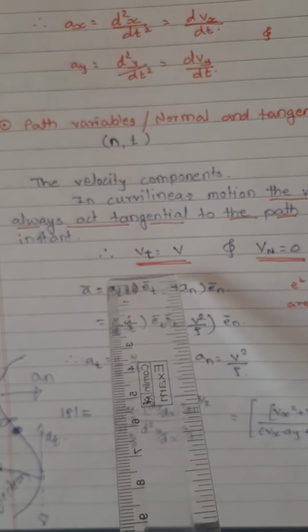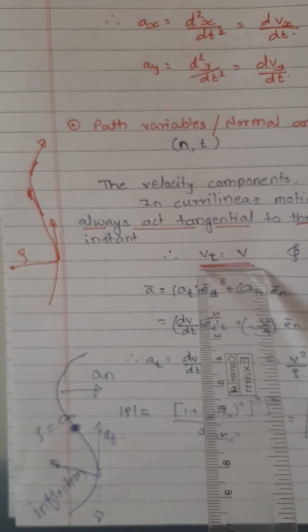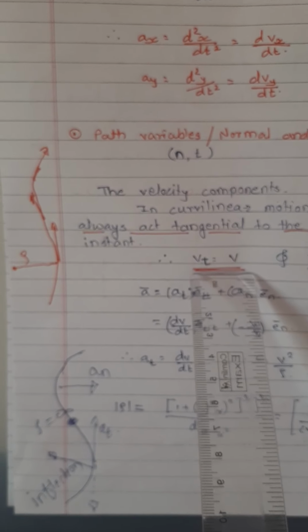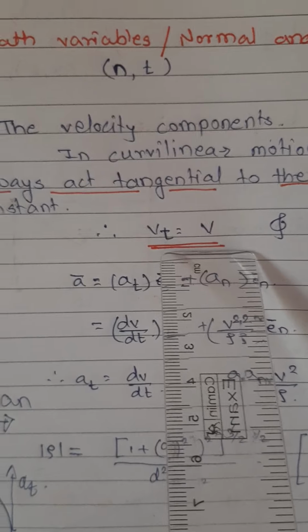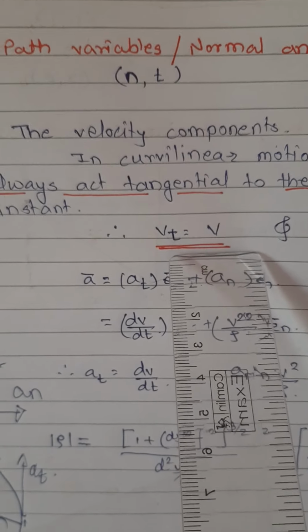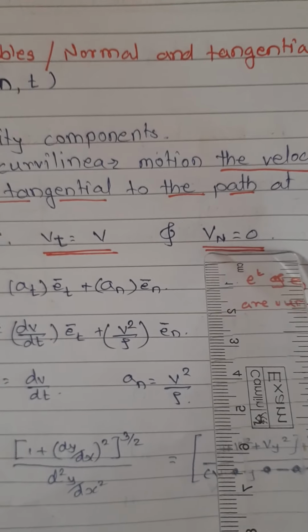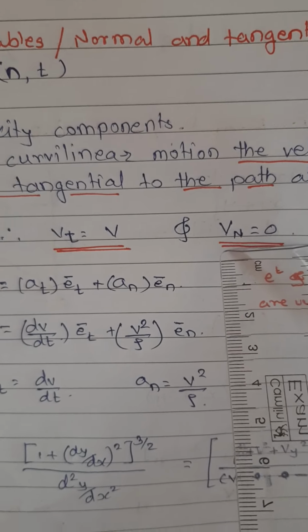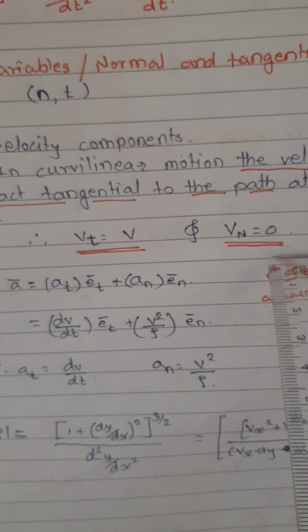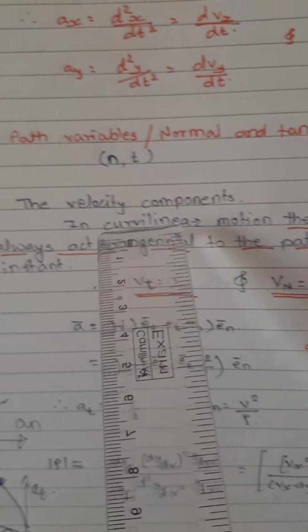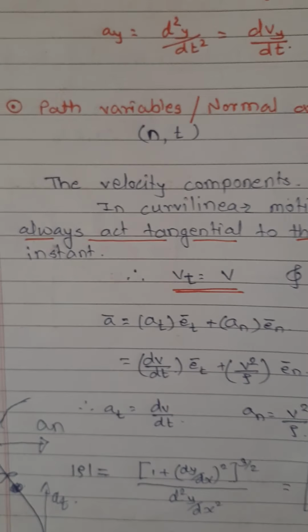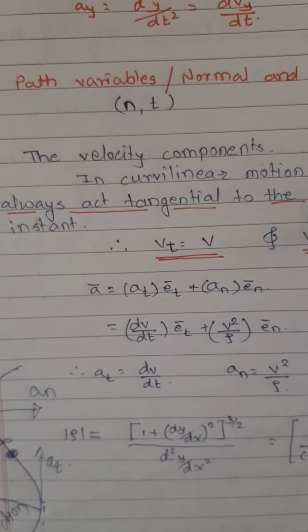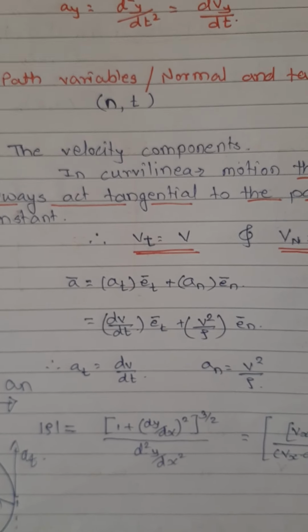Therefore the component of velocity along the tangential direction is always equal to the magnitude of velocity, and the component of velocity along the normal direction is always 0. Again I repeat, in curvilinear motion, the velocity always acts tangential to the path at any instant of time.